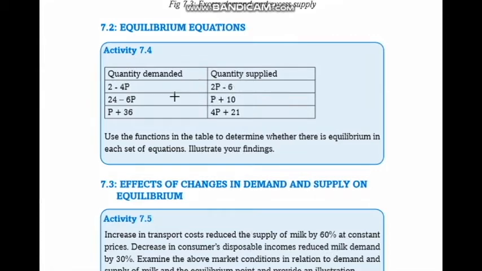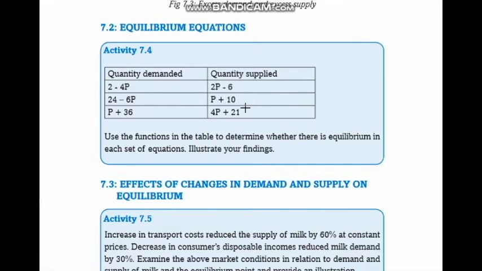We have 24 minus 6p as quantity demanded, we have quantity supplied of p plus 10, and we have p plus 36 in the quantity demanded, and 4p plus 1 quantity supplied. Use the function in the table to determine whether there is equilibrium in each set of equations and illustrate your findings.